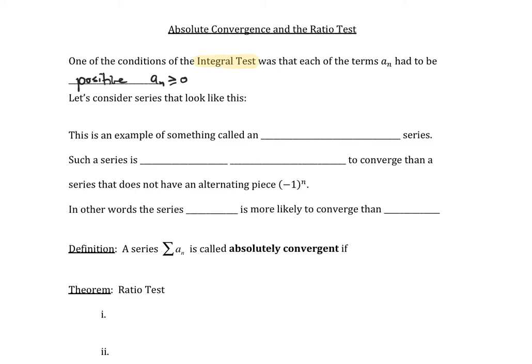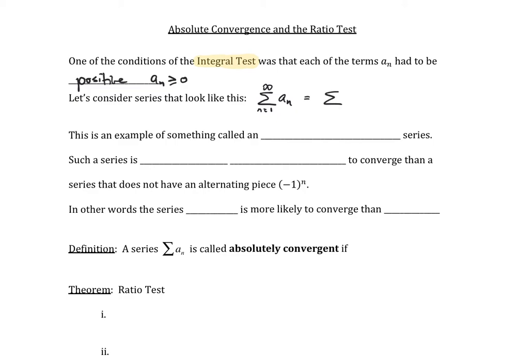So what I want to do now is consider a series that looks like this. Let's say we have this infinite series as n goes from 1 to infinity of a_n. So it's just a typical series that we're used to working with. But in actual fact, it looks like this.